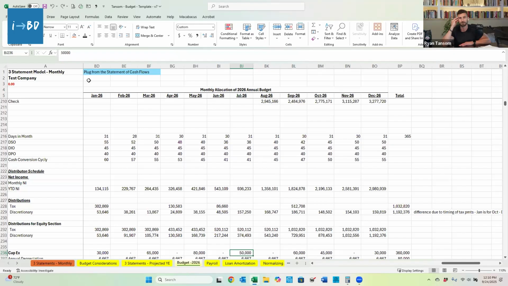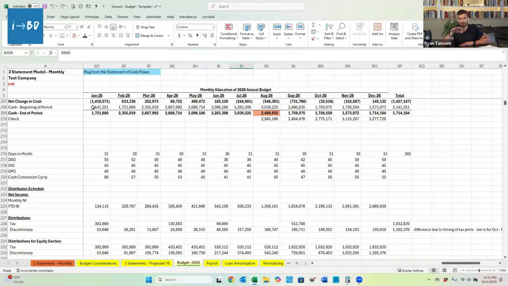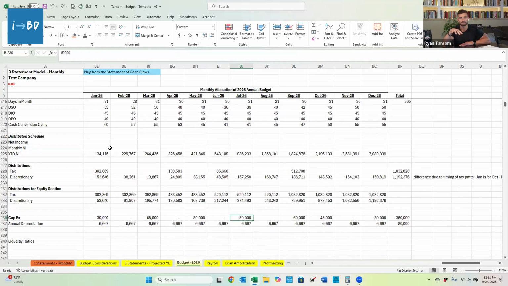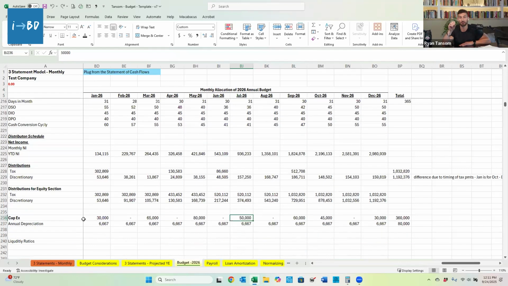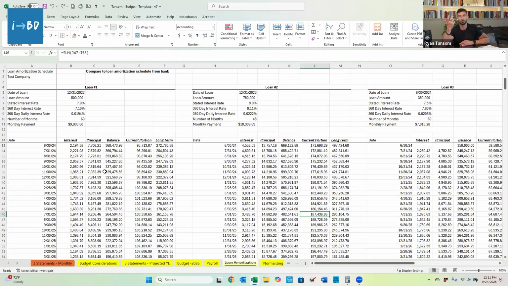Yeah, and outside of the distributions, the taxes, and capex down here, you've got another tab for loans and then normalized EBITDA. Back to if I don't want to use $5 million in cash, I want to take on a loan: what's the amortization schedule, what's the interest rate, etc.